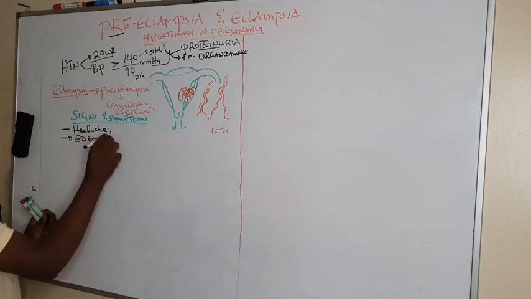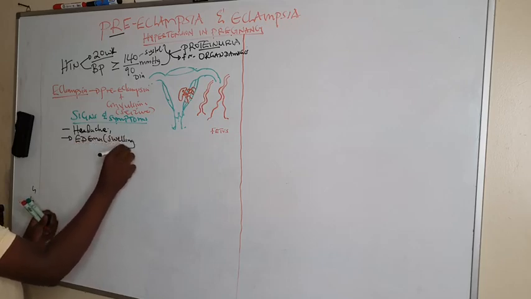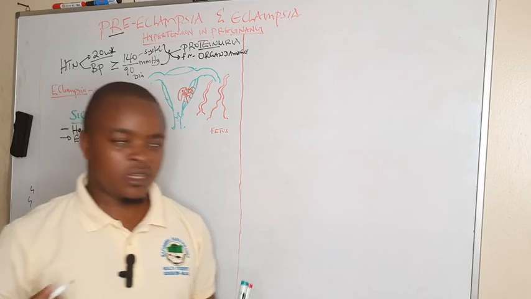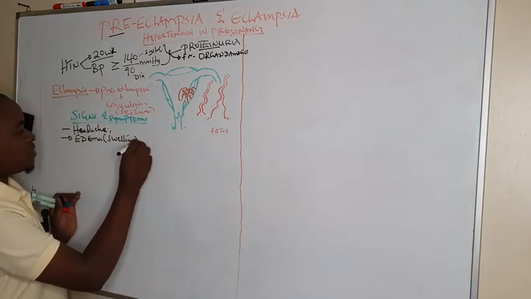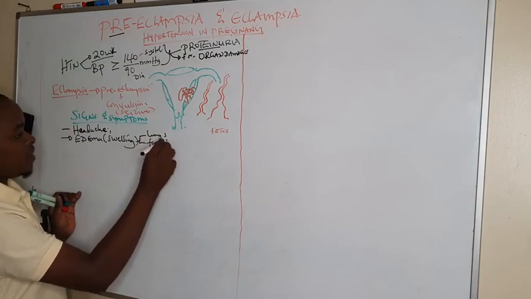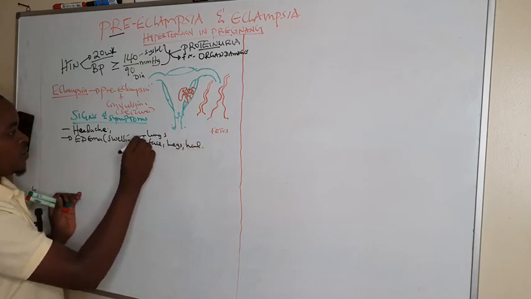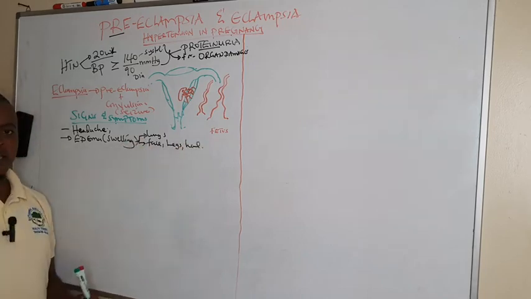Edema is what we call swelling. This edema can affect the lungs and all the body, whereby you find there is swelling in the lungs, on the face, legs, and hands. This is one of the signs and symptoms.